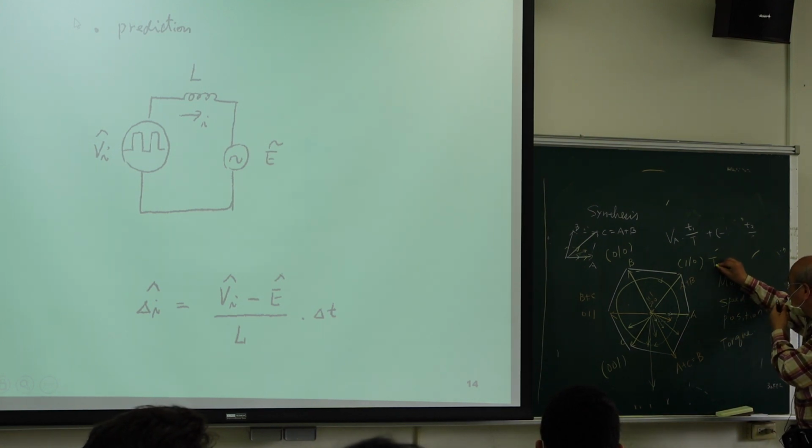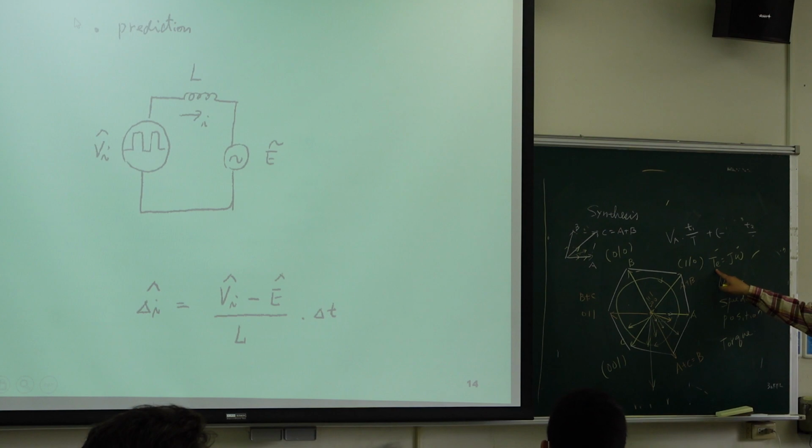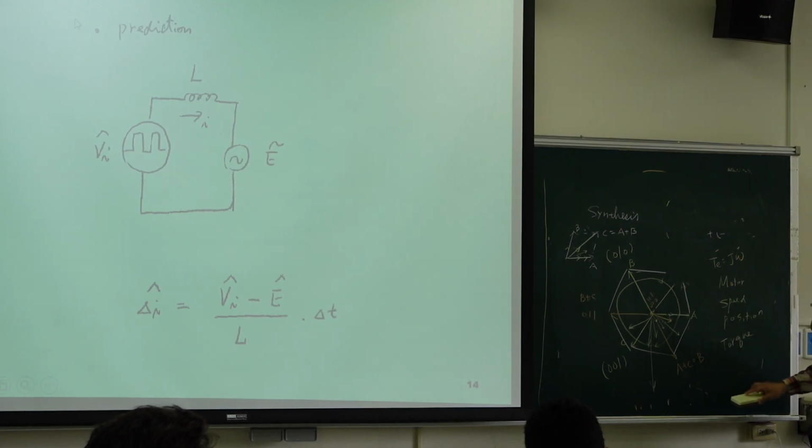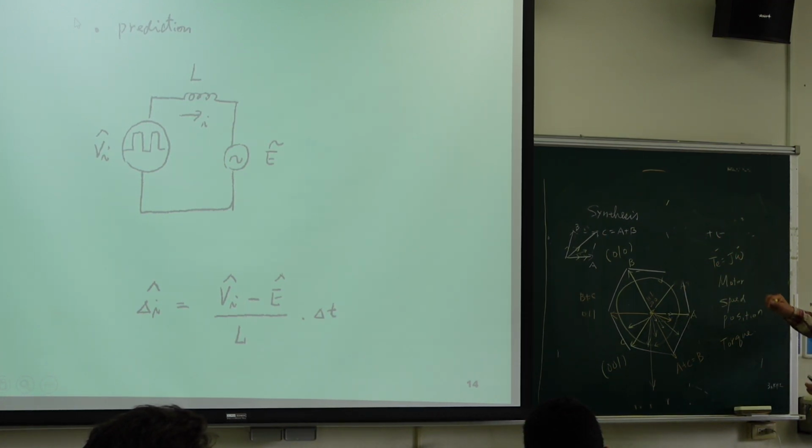So you can see torque equals J omega dot. So you need to control what? Torque. Then you control the speed. Can you control the voltage to control the torque? So what is related to torque? Which one is related to torque?